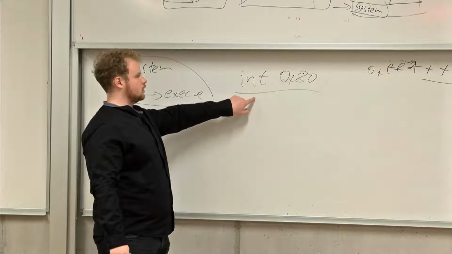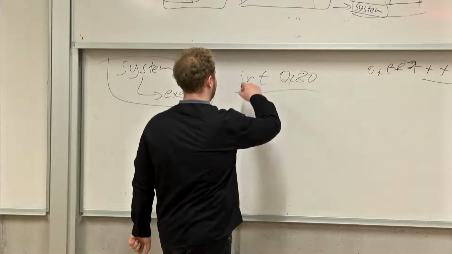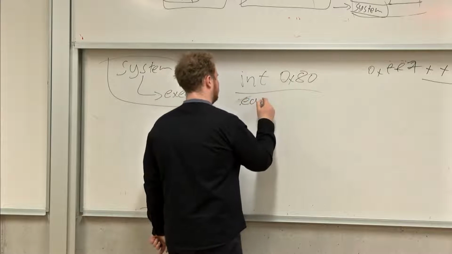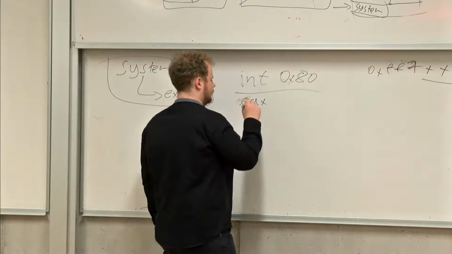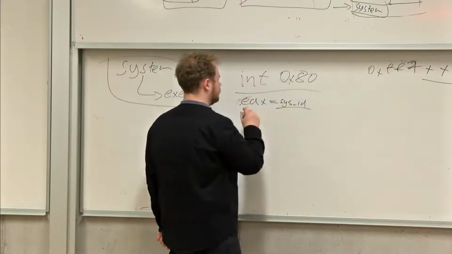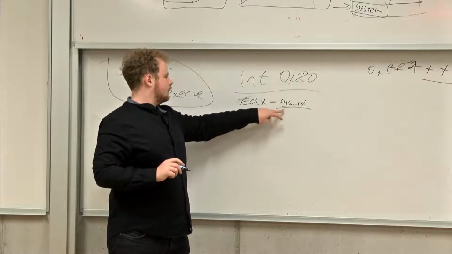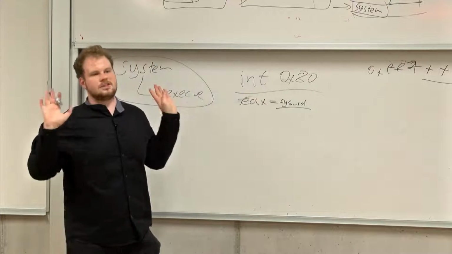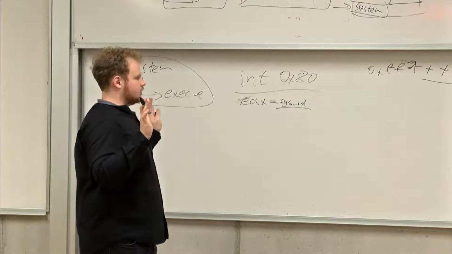Whenever this instruction is executed, whatever is in the EAX register determines which syscall will be called. So the ID of the system call is in EAX. If we say EAX is, I don't know, 5 and then int 0x80, the system call in the 5th place will be called. I don't know which one it is. I think it's fork. I'm not sure.